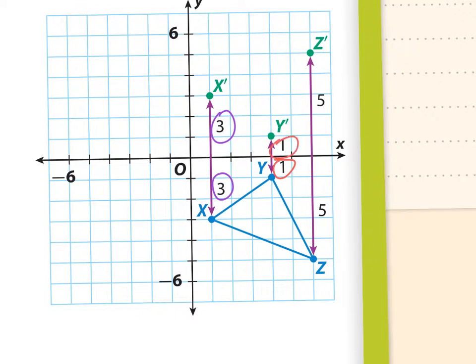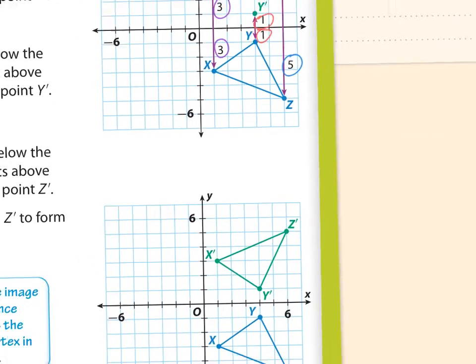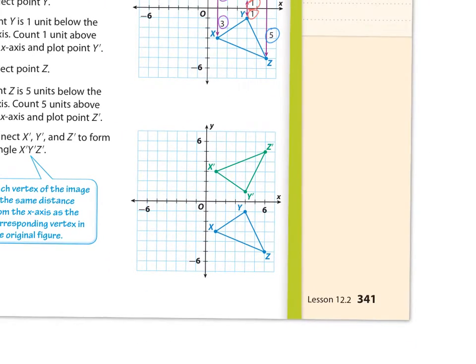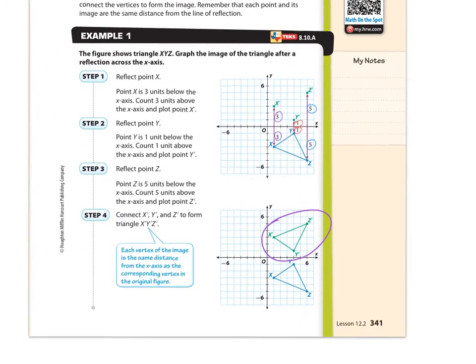Instead of down 1, we'll go up 1. Instead of down 5, we'll go up 5, so on. So they're literally drawing it out for you so that you can see how they got X, Y, Z prime. So this is a great page to just have book-marked, so that sometimes I'll let you use your book to help you with homework. This page gives you a straight-up example, even though I really don't think reflections are that tough.